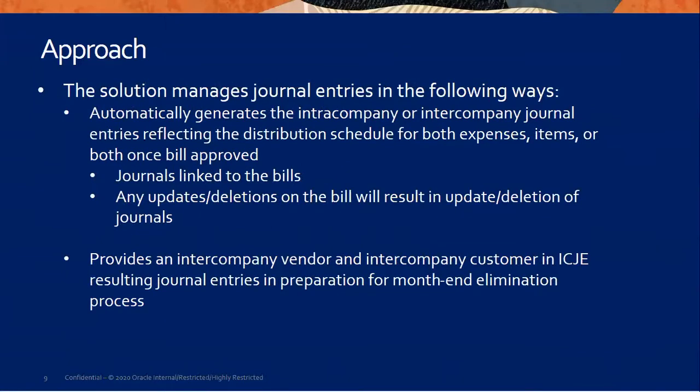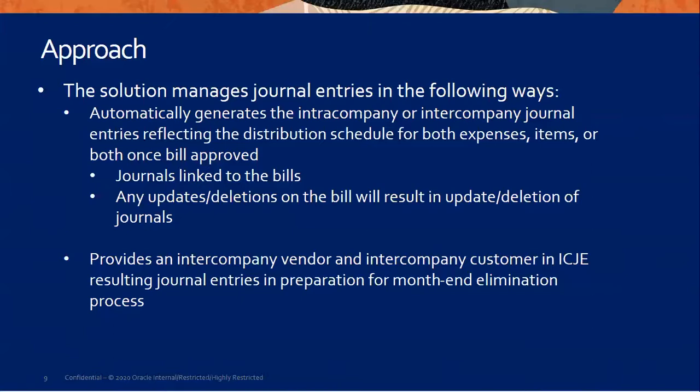And then, so the solution manages journal entries in the following ways. It will automatically generate the intercompany or intra-company entries to reflect the schedule. And as I said, the journals will be linked to the bills.